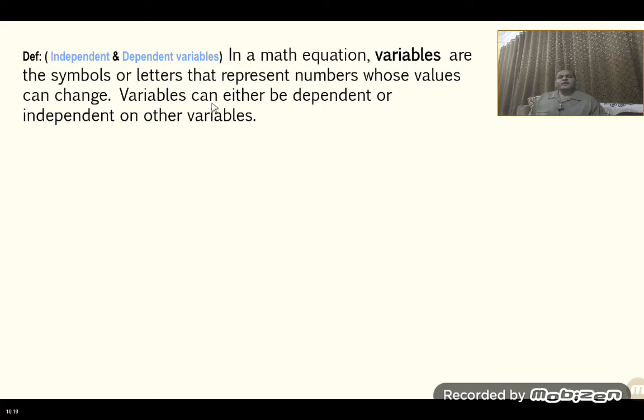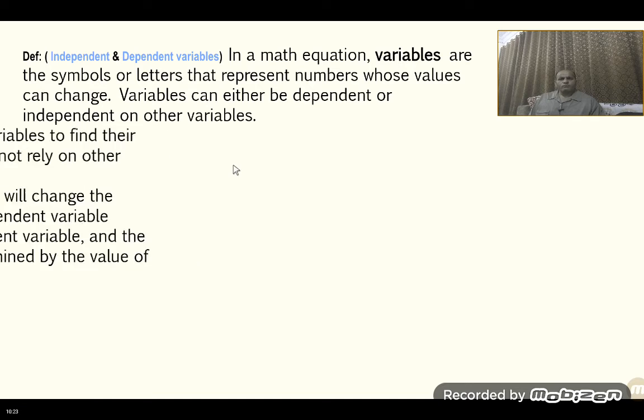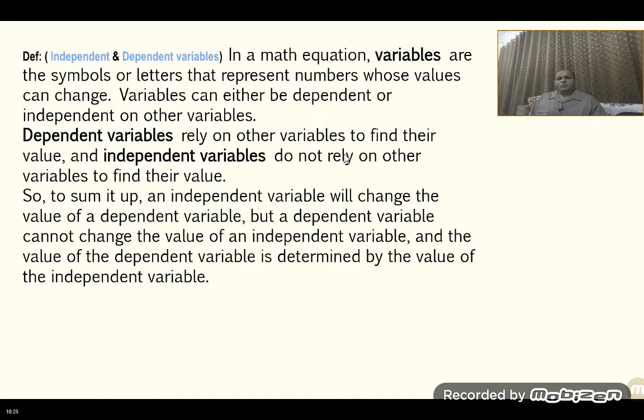Variables can be either dependent or independent. Dependent variables rely on other variables to find their values. If you want to find the value of a dependent variable, we provide some values to the other variables, and then we find the value of the dependent variable.